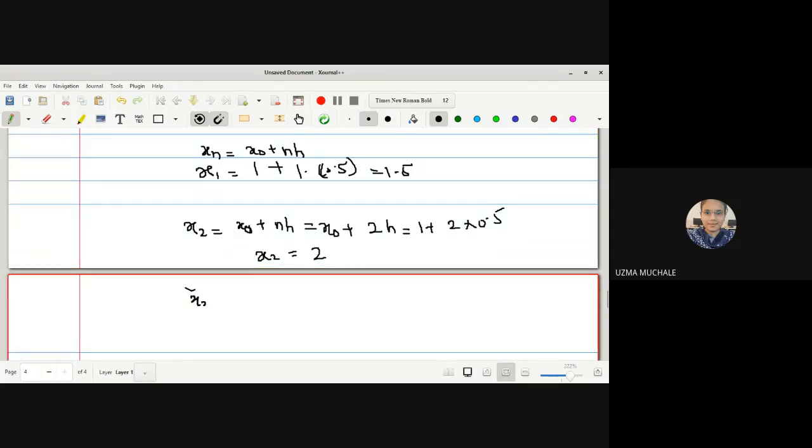Similarly calculate x3 equal to x naught plus 3 into 0.5.